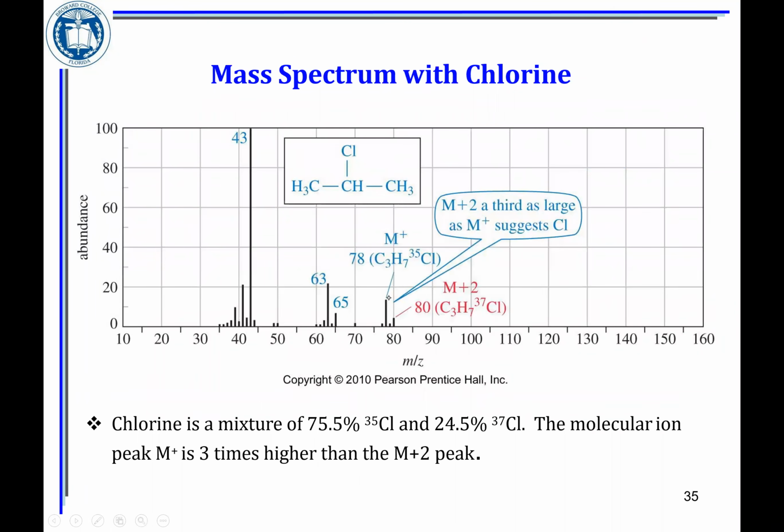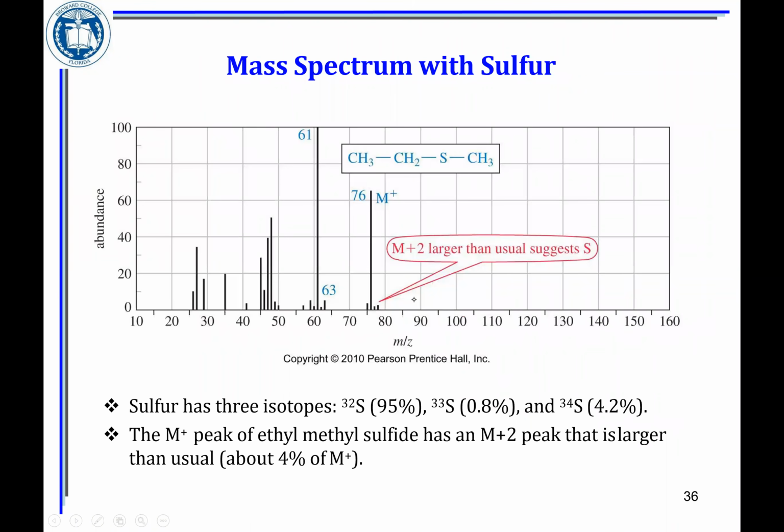Okay, the height ratio 3:1, most likely you have chlorine. The 43 base peak, yes, when chlorine leaves, you end up with isopropyl, and that is the base peak showing here. For sulfur, you would see only about 4%, so it's a very small isotopic contribution for the molecular formula.